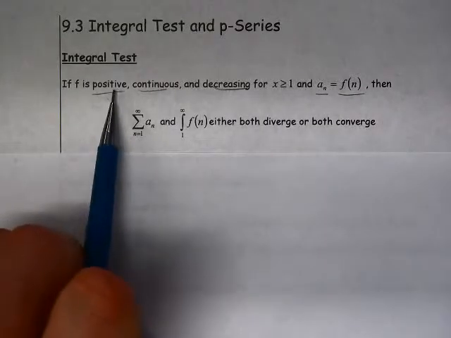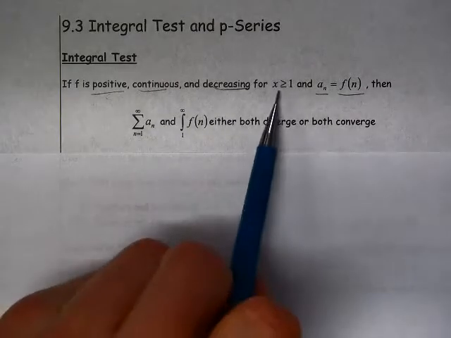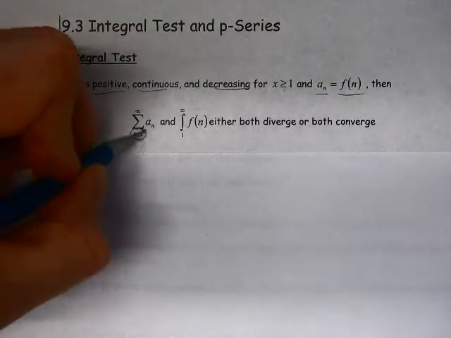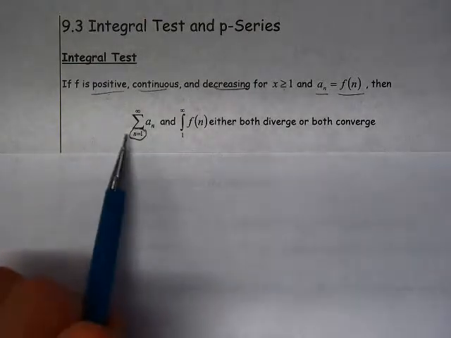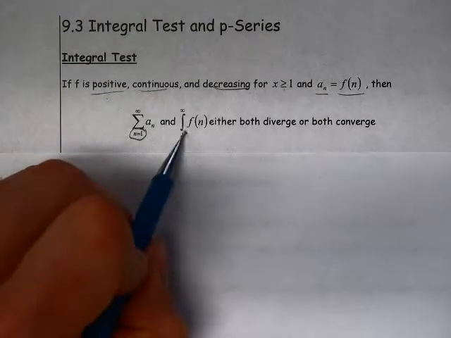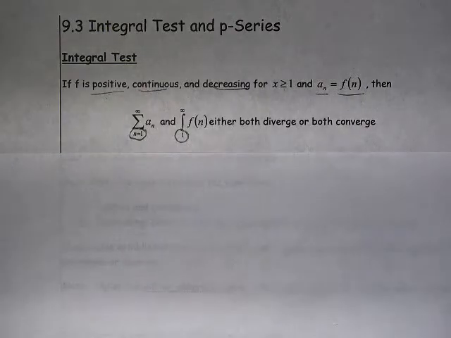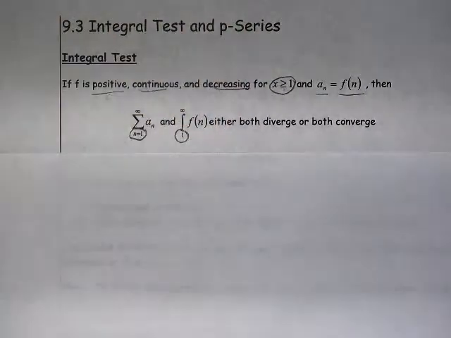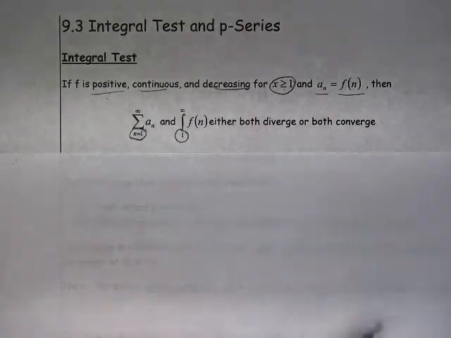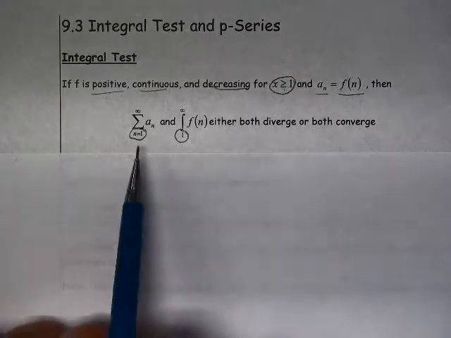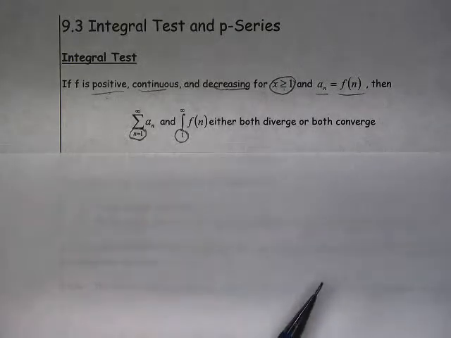F has to be positive, continuous, and decreasing for x values that are greater than or equal to whatever we start with for our series. All right, so in this case it's n equals 1, so the lower limit of my improper integral has to match up with that 1, and then the values of x over which f has to be continuous, positive, and decreasing also match up with that initial value of n.